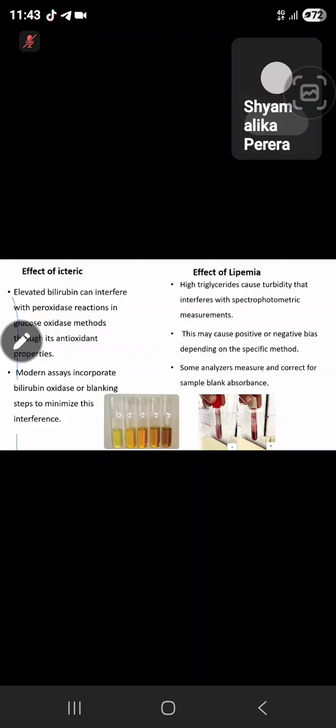Then think about the icteric samples or high bilirubin levels in your samples. In the same way, it will affect your peroxidase reaction, and this interference can be minimized by incorporating bilirubin oxidase into your reagents. Then there is lipemia, especially lipemia.